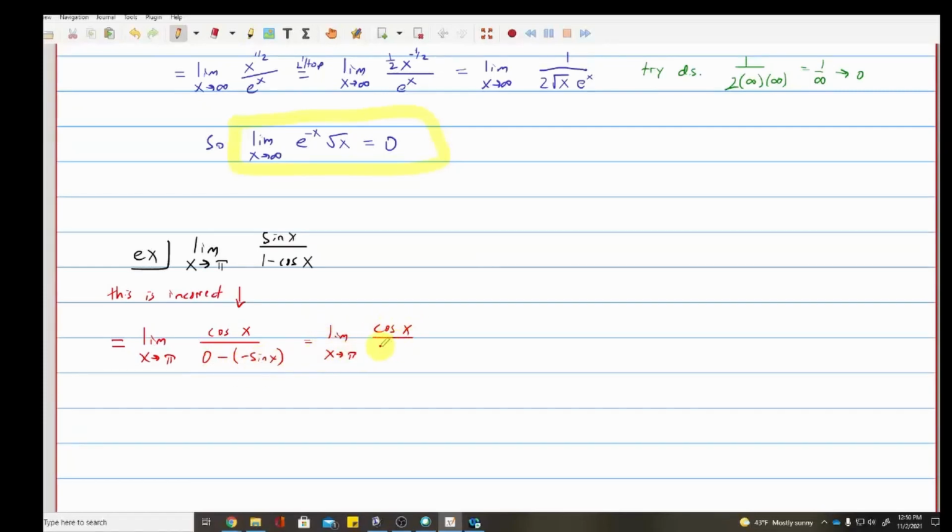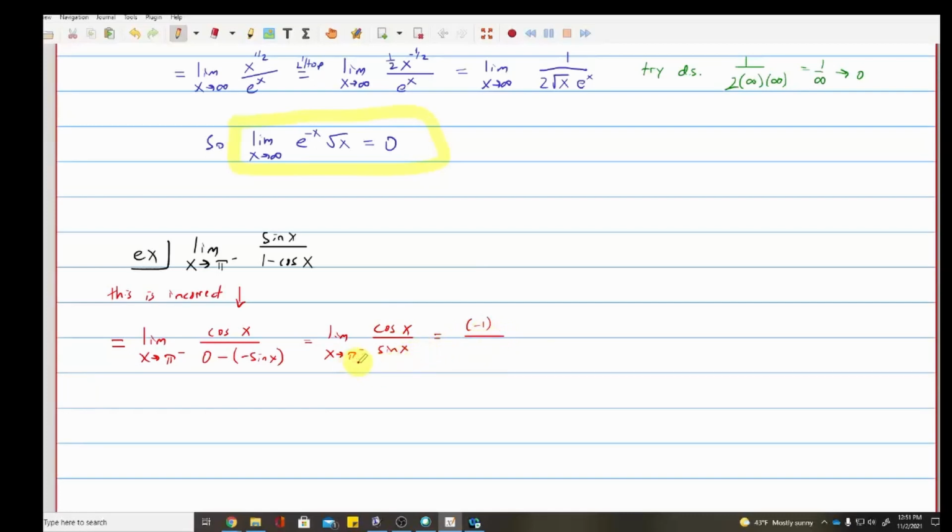Oh, I probably should have made this a one-sided limit. Let's back it up and say this is approaching from the left. That won't become necessary when we do this correctly, but it is necessary for this part. All right, cosine x over sine x. When I plug in pi for cosine, cosine of pi is -1.